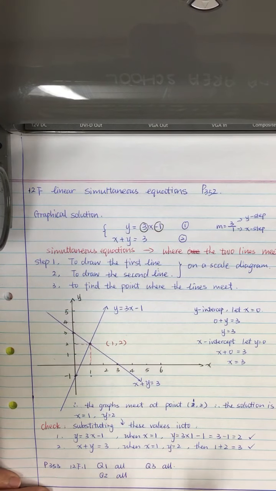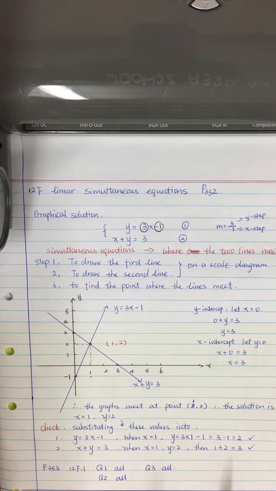So all of questions 1 to 3 in class, or you can try it at home right now. Alright, this is the first part of 12F, and you will have a bit more coming up.